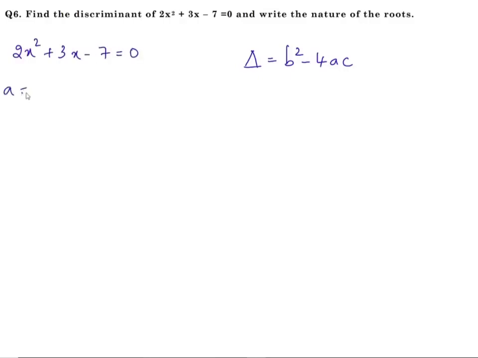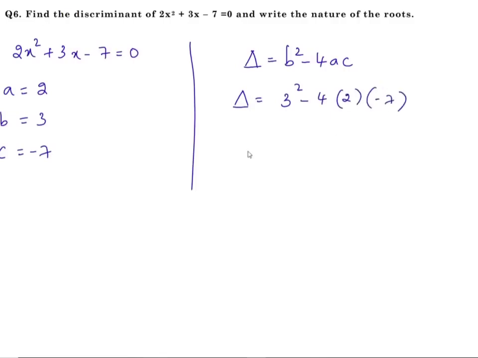What is the value of a, b and c? The value of a is 2. The value of b is 3. The value of c is minus 7. Now delta equals, substitute the values of a, b, c in this formula. That is b square is 3 square minus 4 times a, which is 2, times c, which is minus 7.